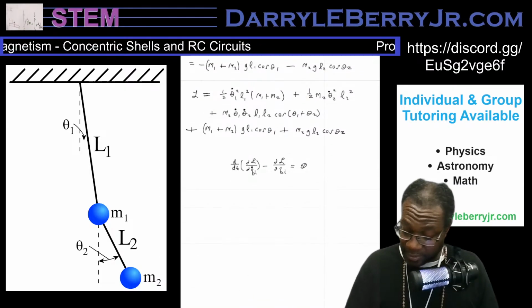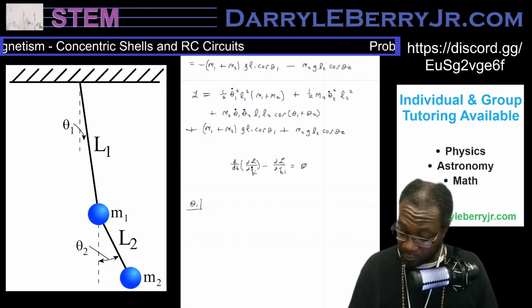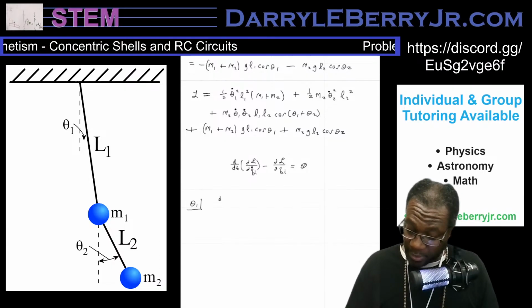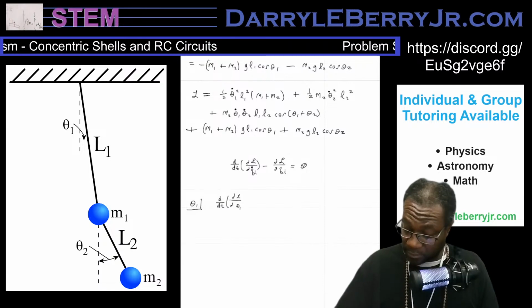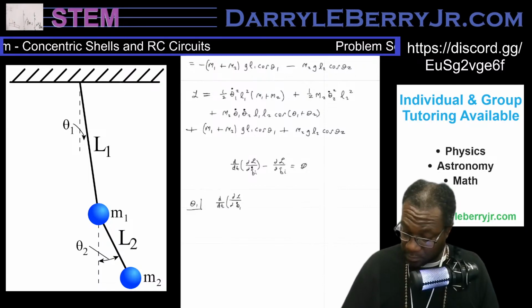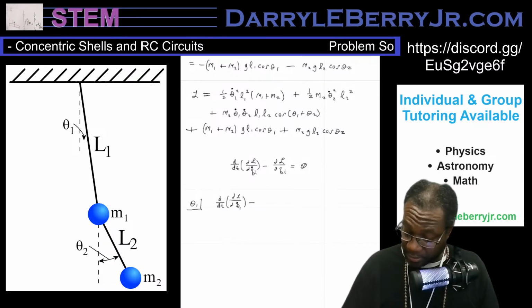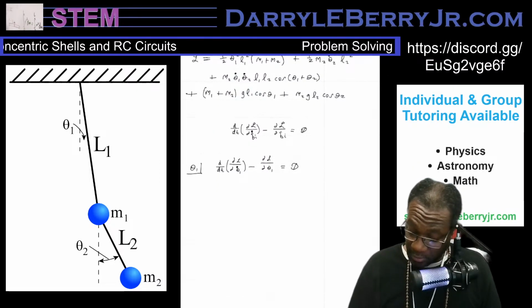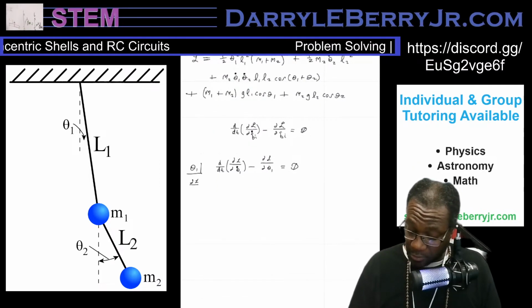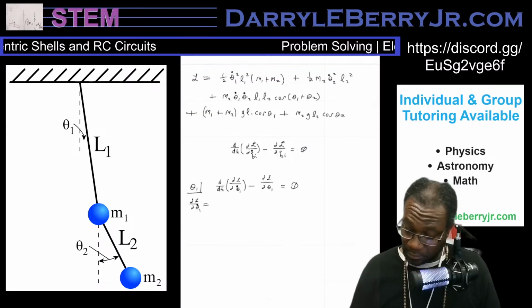So if I was to start with theta 1, we have d/dt of partial L over partial theta 1 dot minus partial L over partial theta 1 equals 0. So I'll do partial L over partial theta 1 dot.